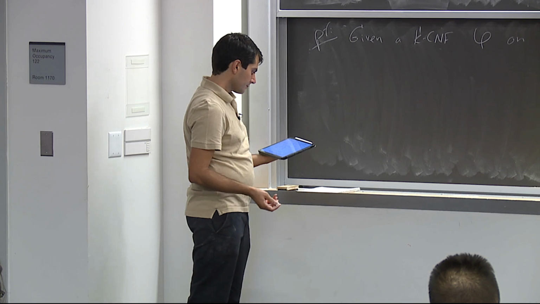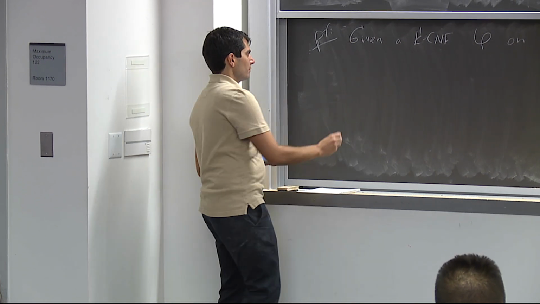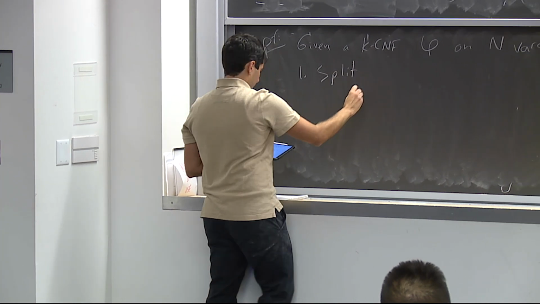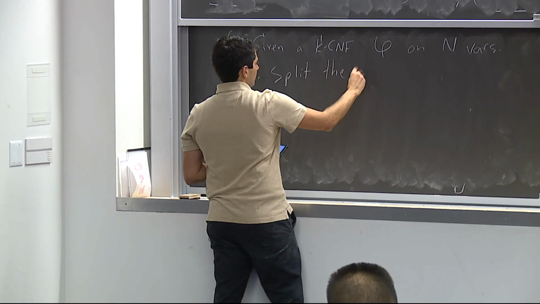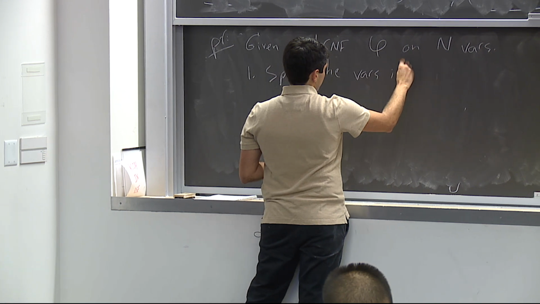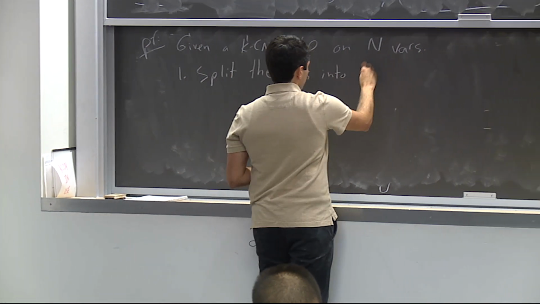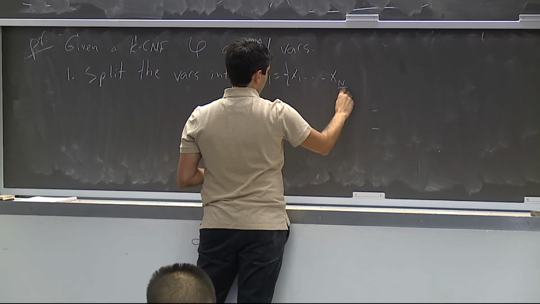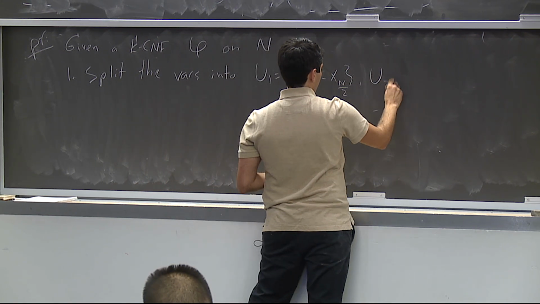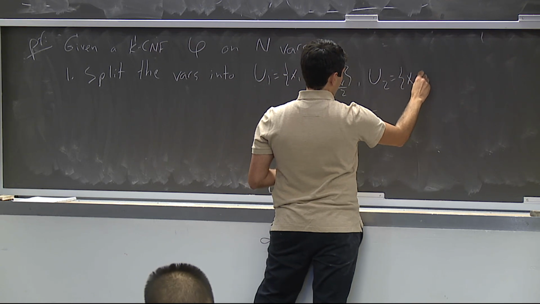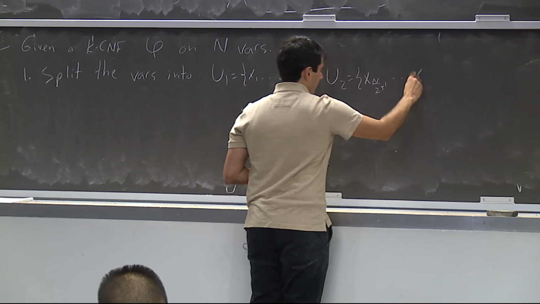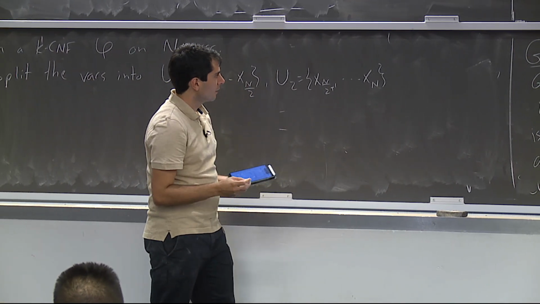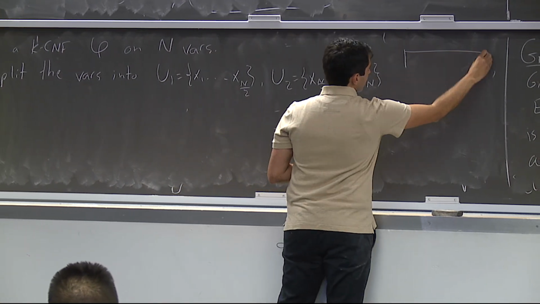So the first thing is you break your variables into 2. So you had your n variables.